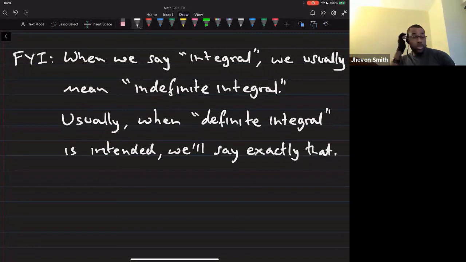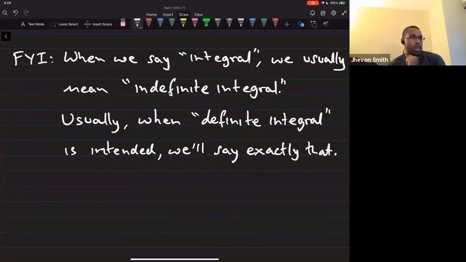So you have two kinds of integrals that I described in this lecture: the definite integral and the indefinite integral. Usually when someone says the integral of this is blah, the integral of this is blah, they're talking about the indefinite integral. If anyone means the definite integral, they would usually emphasize the word definite. They wouldn't just say the integral. But again, it should be clear from context what the person is talking about.